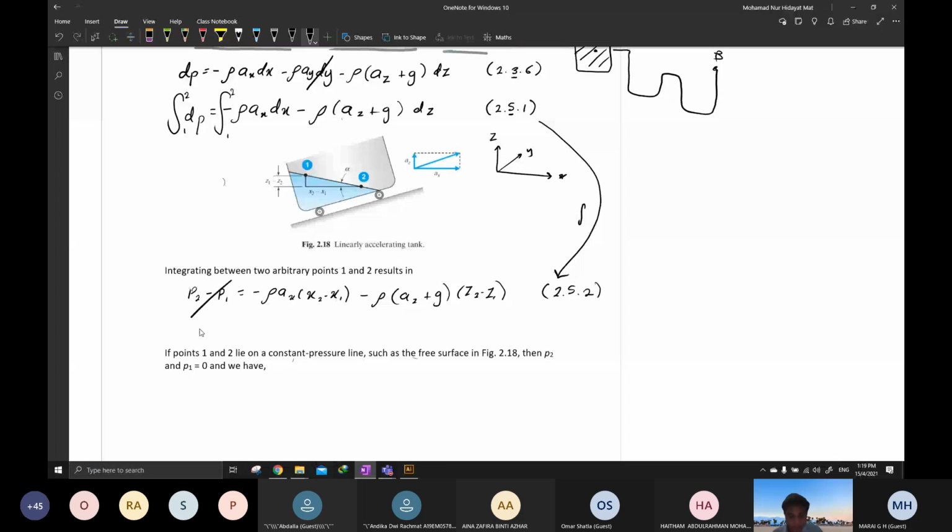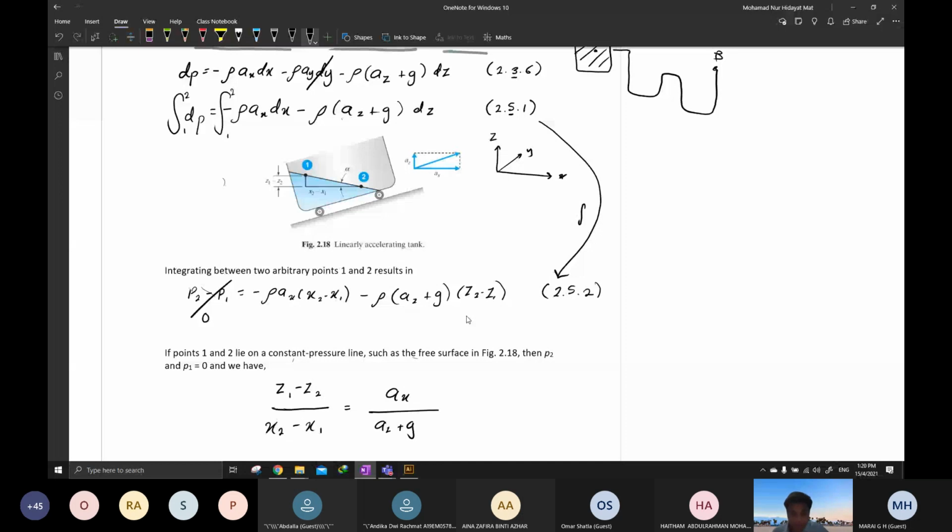We will get the final equation: z1 minus z2 over x2 minus x1 equals tangent, sorry, equal to ax over az plus g. This is what we rearranged and led to this equation.